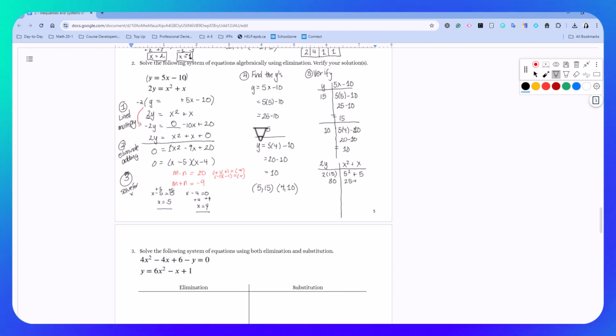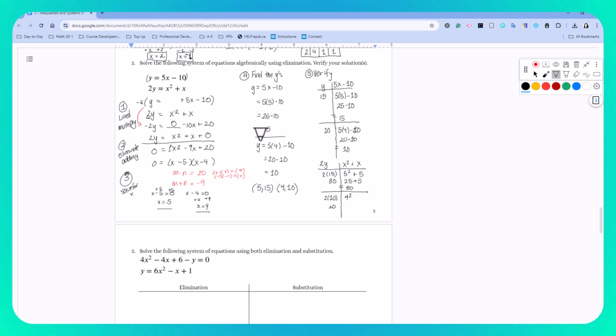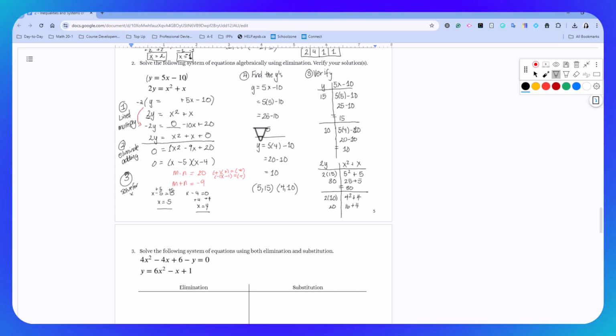This gives us 25 plus 5, which gives us 30 here. These two sides are equal. Let's check the other point. So here, again, 2 times the y value of 10, which gives us 20. And then we're substituting in the 4, which is 16 plus 4, which is 20. So we verified that the left-hand side equals the right-hand side, and we're done.